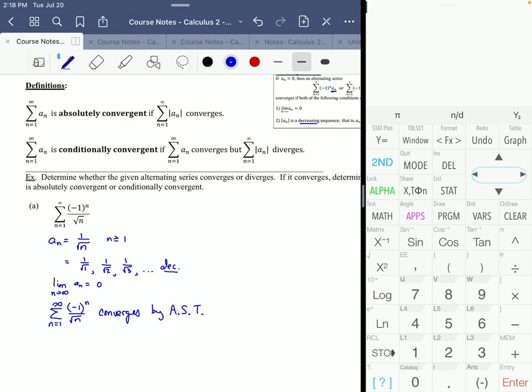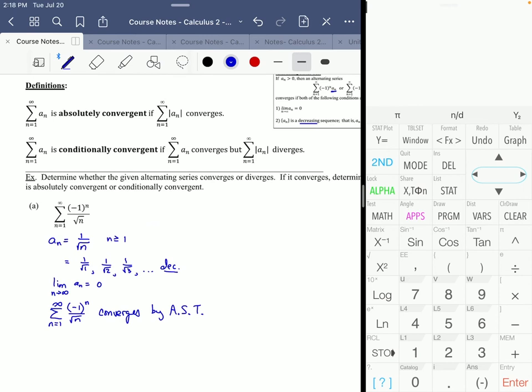Now it's a question of whether or not it's absolutely convergent. We know it's convergent, so we're going to attempt to show that it's absolutely convergent, and if that fails, then it must be conditionally convergent. Let's find the absolute value of the a sub n.